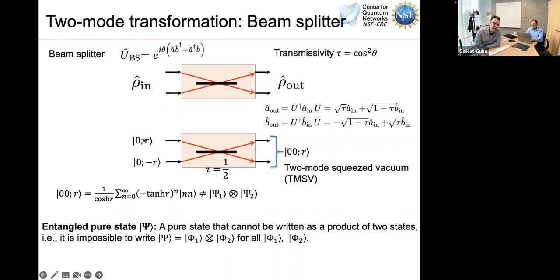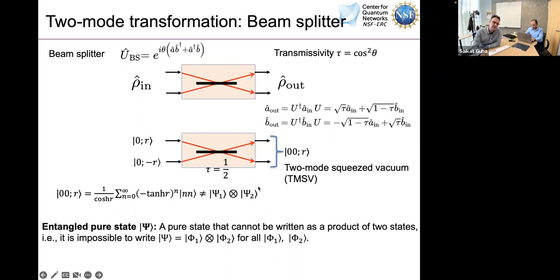If you inject a single mode squeezed state here and a single mode squeezed state here, but with a small difference, this is R, this is minus R, that means that they are squeezed in opposite quadratures. And you pass them through a balanced beam splitter, meaning transmissivity is 1/2, a 50-50 beam splitter. Then we create what we call a two-mode squeezed vacuum state, vacuum semicolon R, as I denoted, which is a state which among all two-mode pure Gaussian states possesses the highest amount of entanglement.